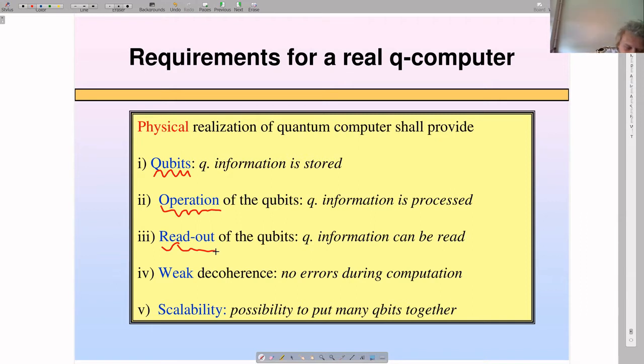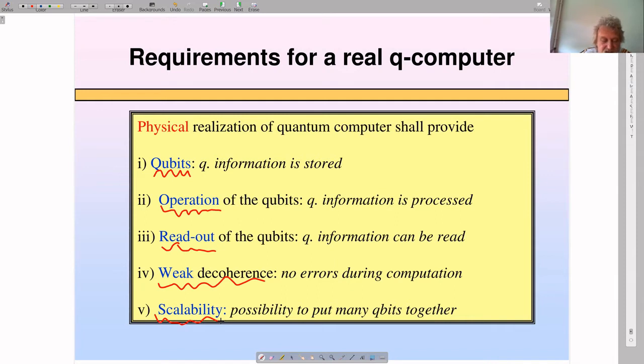Okay, that's still physics. And the last point comes from the requirement that it has to be a practical, useful device. And that can only be achieved if you can operate many qubits simultaneously, many qubits within the same device. They have to talk to each other. And one should be able to design these devices.